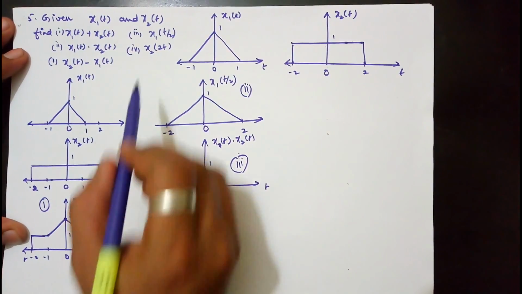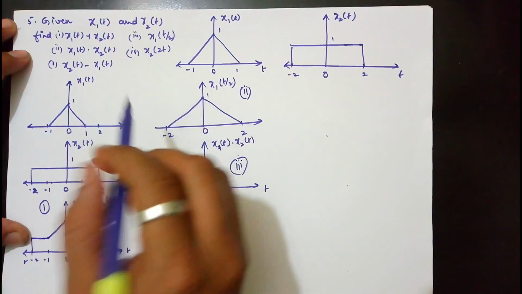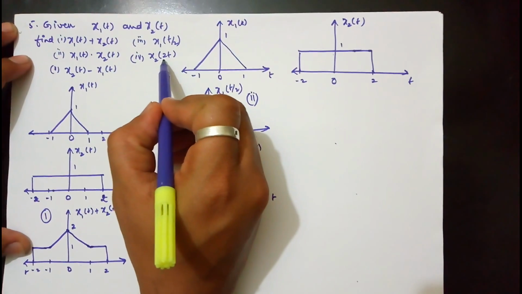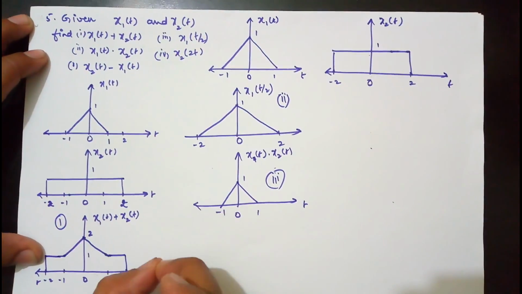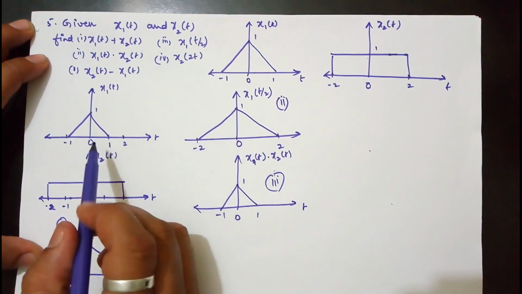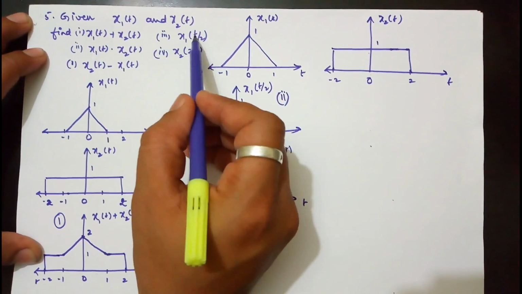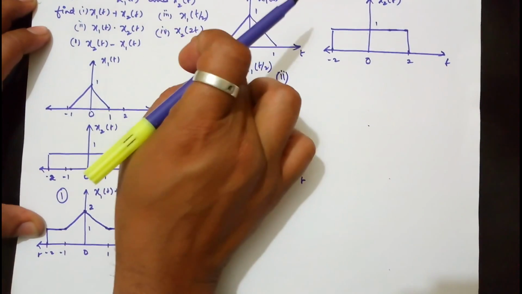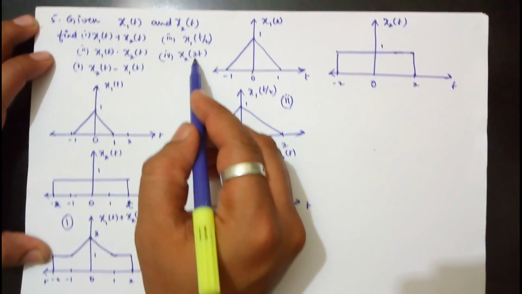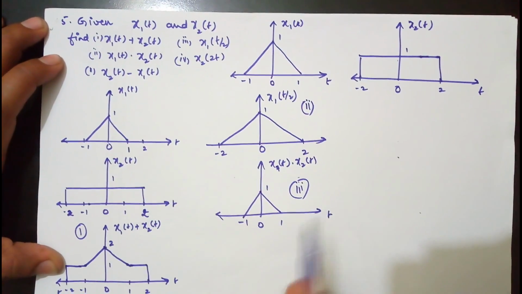Now the fourth waveform is x2 of 2t. When you have a scaling that is present in the numerator, my waveform gets compressed, contrary to the previous case wherein you had x1 of t by 2, where our waveform got expanded. Here, x2 of 2t with a compression factor of 2, my waveform will get compressed.